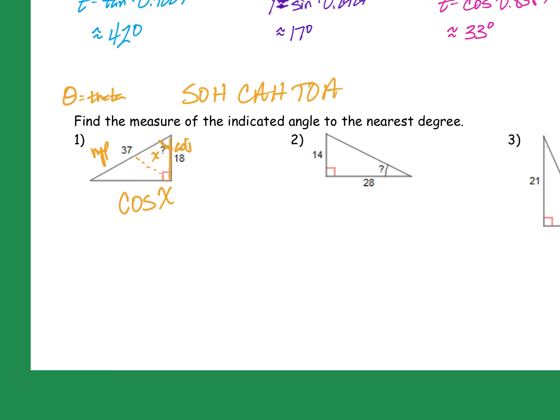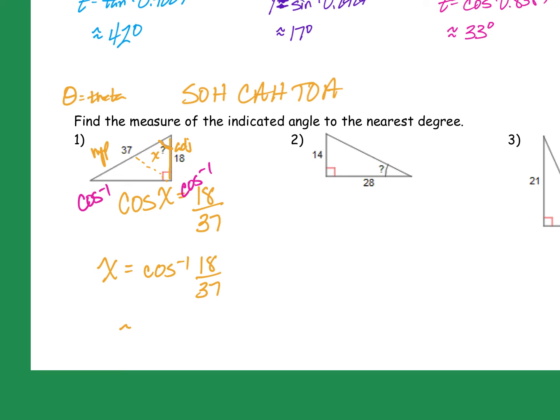So cosine of X equals 18 over 37. But I just want x, so how do I undo cosine? Cosine inverse. If I do that to one side, I've got to do it to the other side. So x is going to equal cosine inverse of 18 divided by 37.